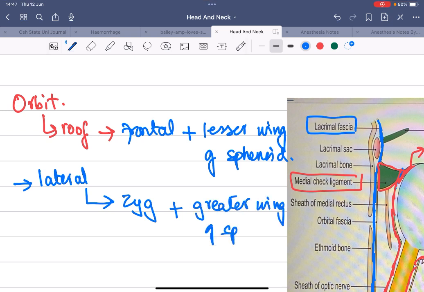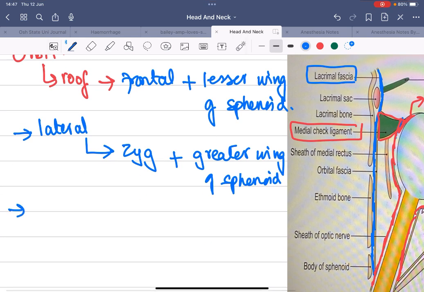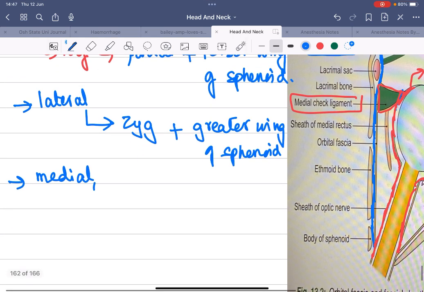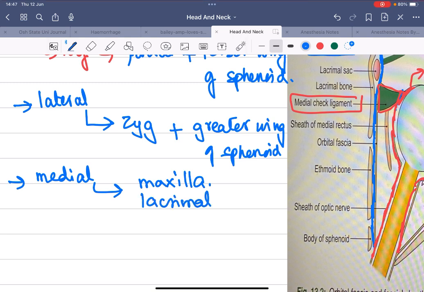Third point, medial border. So medial border, many structures are there. Maxilla is forming, lacrimal bone is forming, ethmoid bone is forming, and the body of the sphenoid is also participating in the medial wall of the orbit.